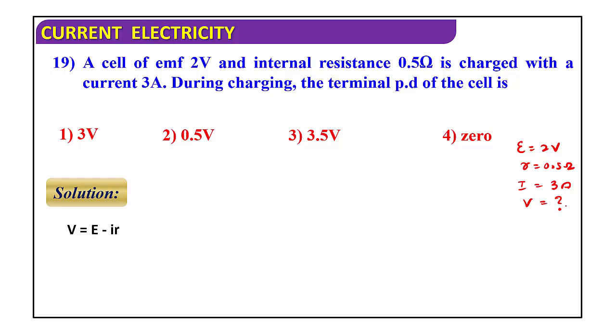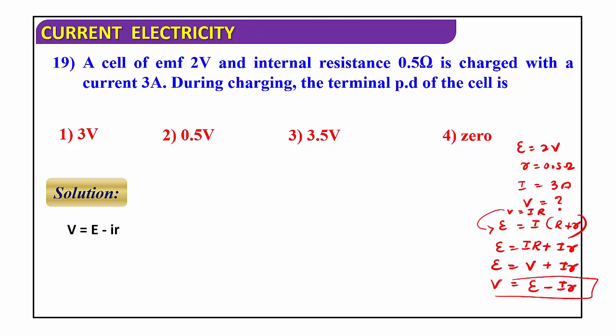These are the givens. We know the formula, E equal to I into R plus r. This equation can also be written as E equal to IR plus Ir, and IR is V. So E equal to V plus Ir, or V equal to E minus Ir.